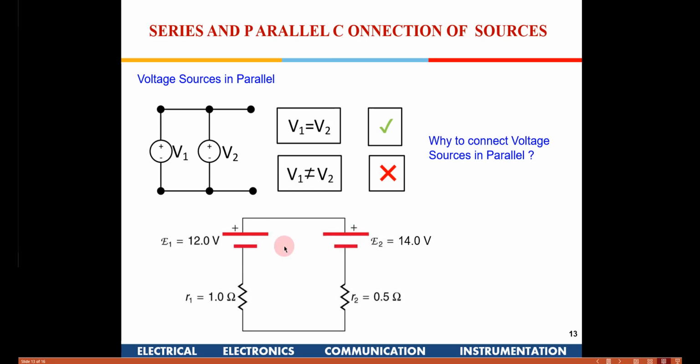See, if the difference between these two is large, a large amount of current will flow like this, right? And then I squared R, the internal resistance of the battery, R into I squared, is going to generate heat, right? Even in this case, it is going to generate heat. So if you have a lead acid battery, the electrolyte will start getting heated up slowly.